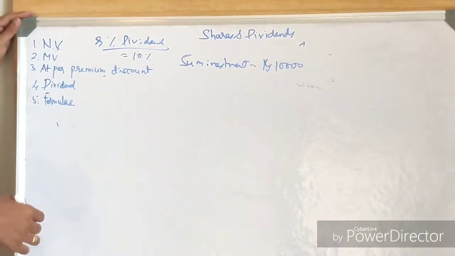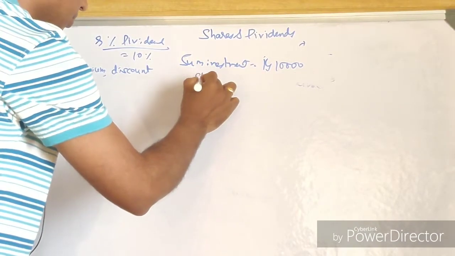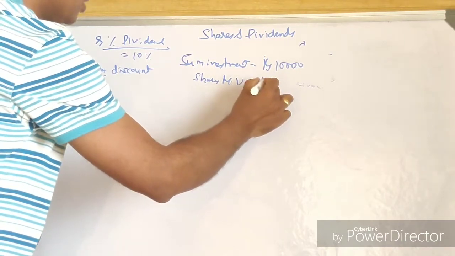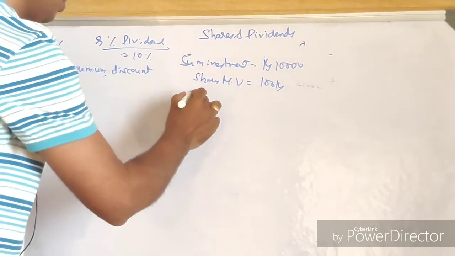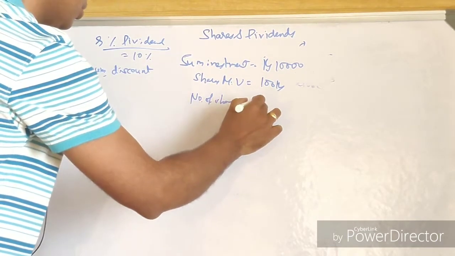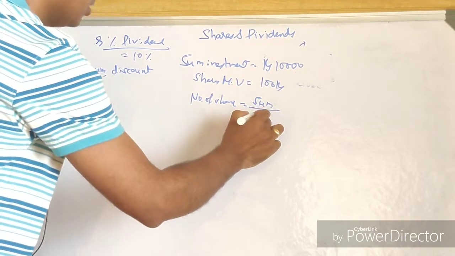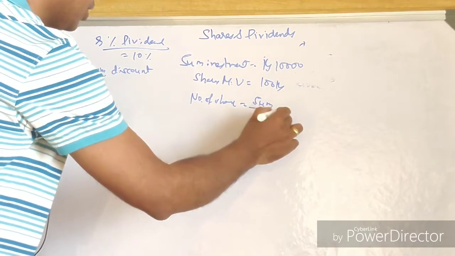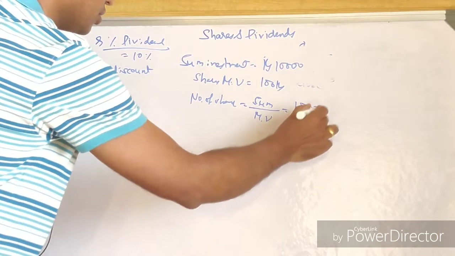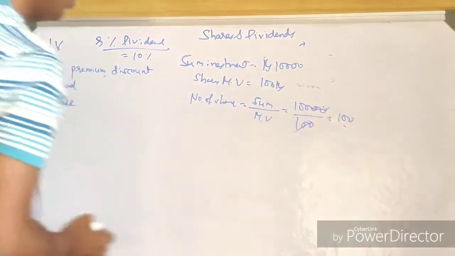Now you bought shares with MV equal to 100 rupees. The number of shares you bought is equal to the sum investment divided by the share MV. So it becomes 10,000 divided by 100, which is 100 shares. So basically, you got 100 shares.